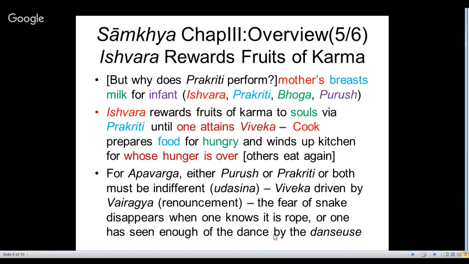So this is an example of vairagya, while all other observers are still seeing the dance. For them, the dance is continuing, but for you, the dance is over. You are no more interested. So this is a vairagya example. So it sounds like they are different. But again, if you look at it, Vairag is nothing but a maturity, is it not?